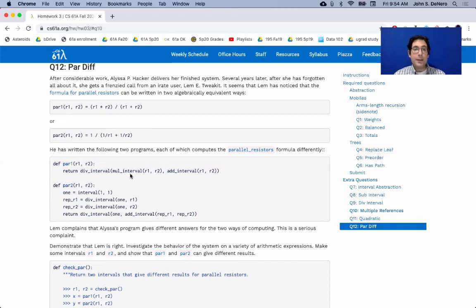So if you use the system that we've built, combining with multiplication and division, R1 and R2, but you've got R1 in there twice, according to the way the multiplication function that we wrote works, you're going to have a different value for R1 somewhere in that range in one part of the equation than you do in another part of the equation. And that is broken. So I think the point of this example was that this interval computation system you've built only works if each interval only shows up once. If it ever shows up twice, then you get the wrong answer. Yeah, I think that's the nugget of it.